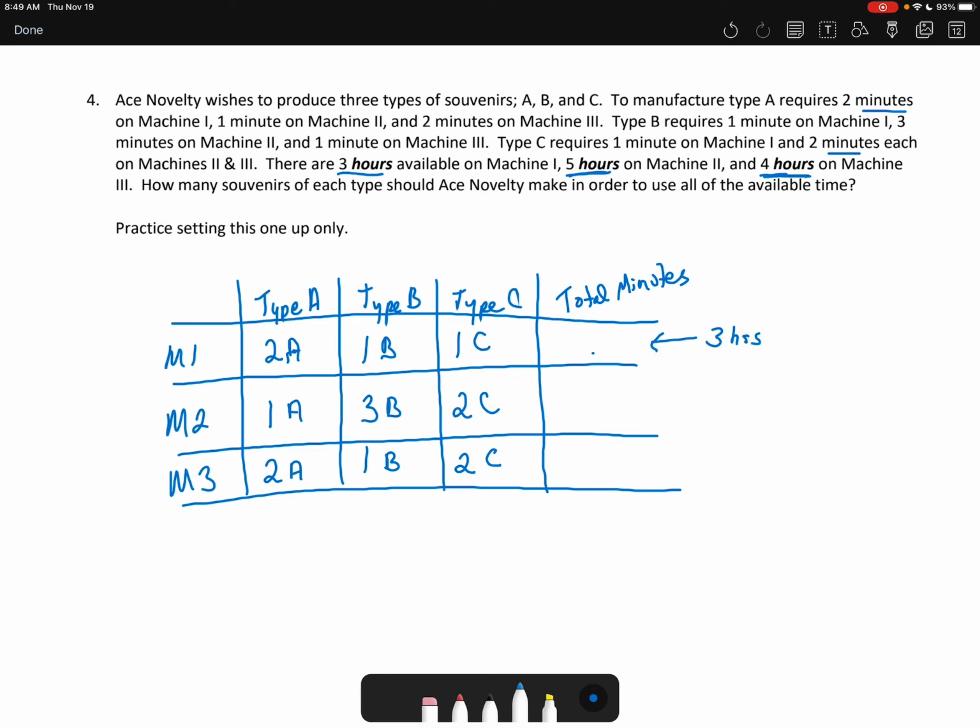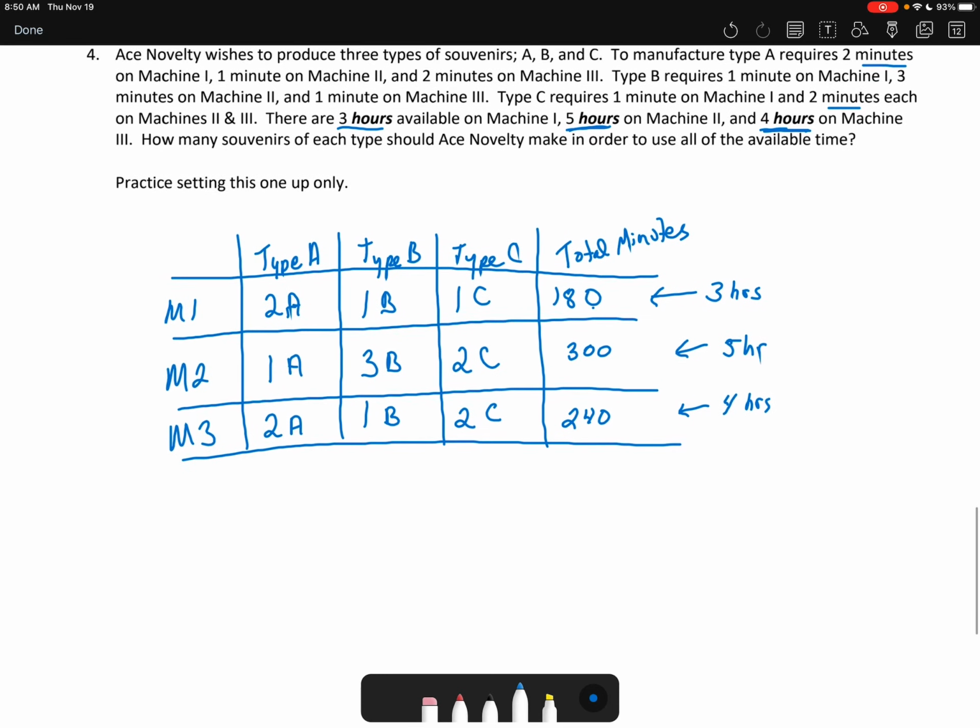So 3 hours, if I multiply that by 60, I would get 180 total minutes. Machine 2 has 5 hours available, so if we convert that into minutes, that would be 300 minutes. And machine 3 has 4 hours available. Converting that would be 240 minutes.